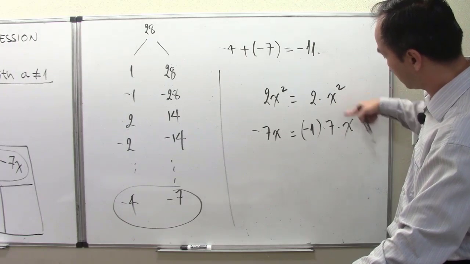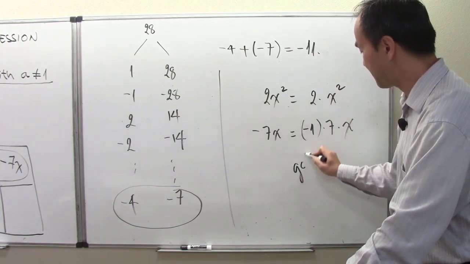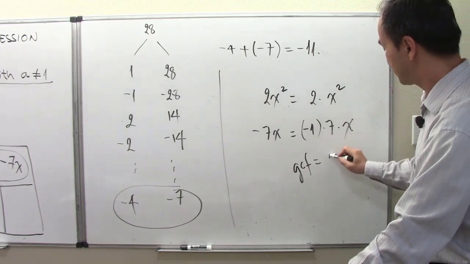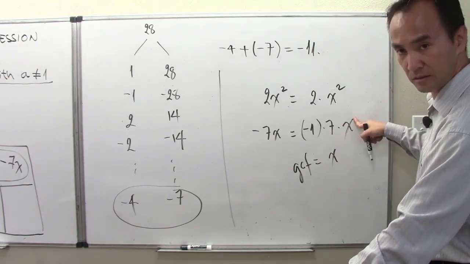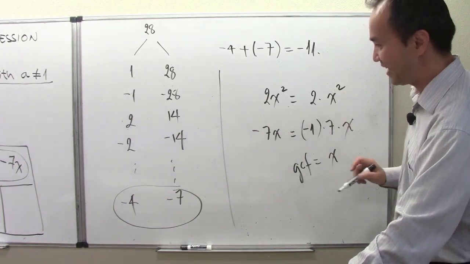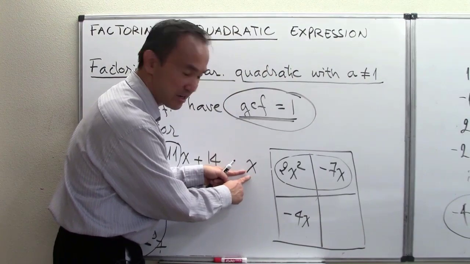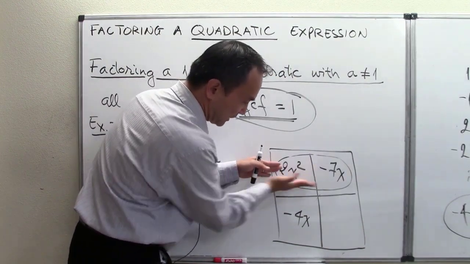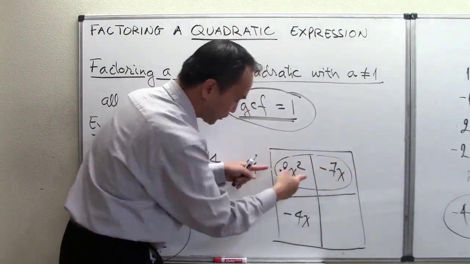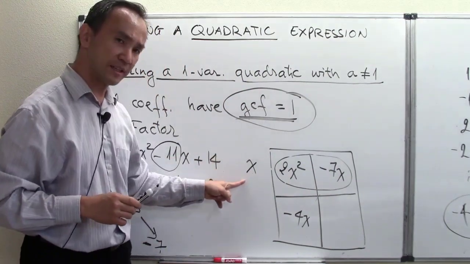So the only common factor is x. The GCF is just x, the lowest power among the two terms. That's how I chose that GCF, and I put it at the beginning of our row, at the leading part of our row.